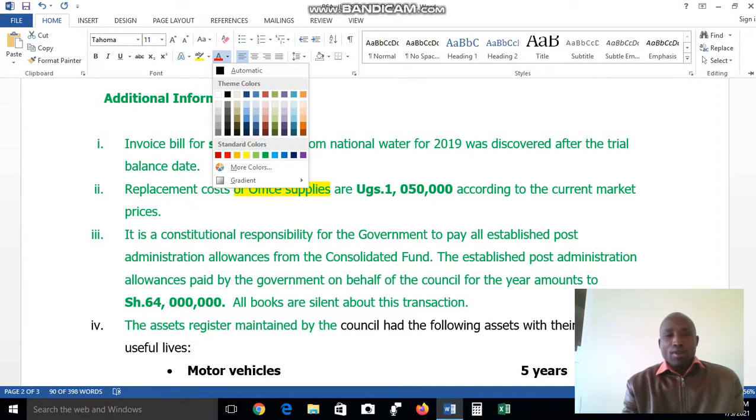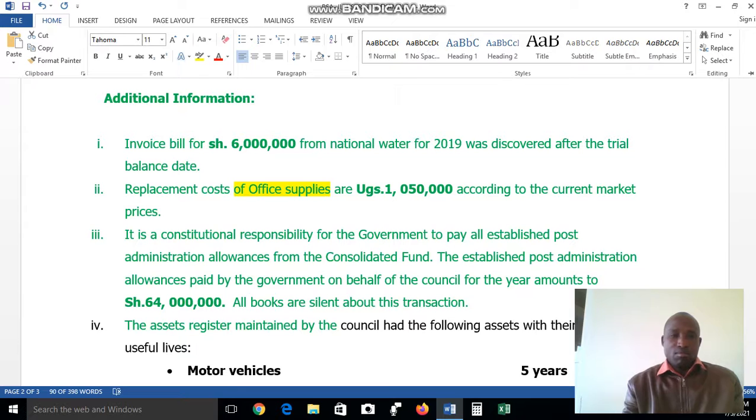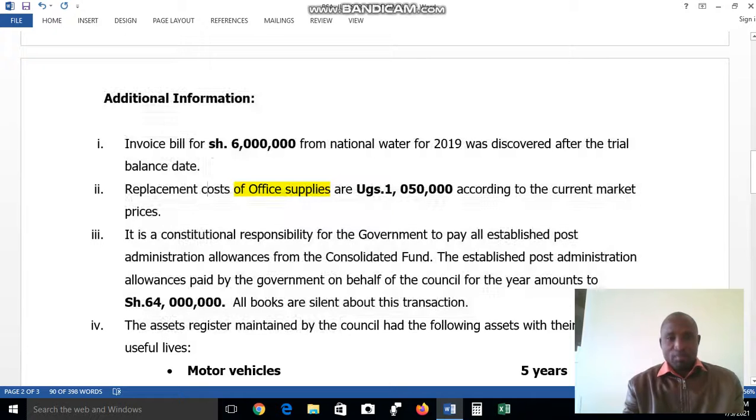So number one, we must deal with additional information. Let us deal with additional information first. We pick each item, one by one.